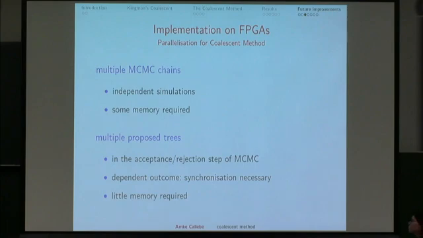So it would be a possibility in the acceptance rejection step of the MCMC to simulate more of these proposed trees and then take the first one which satisfies the condition. We have here a dependent outcome, so we have to synchronize it after one of the trees is rejected. But on the upside, we have little memory required. So we want to incorporate these two methods here.